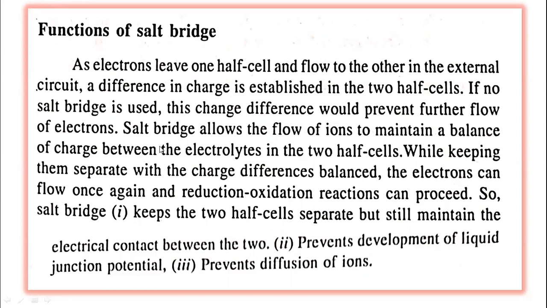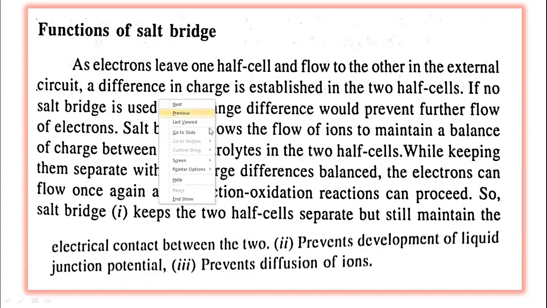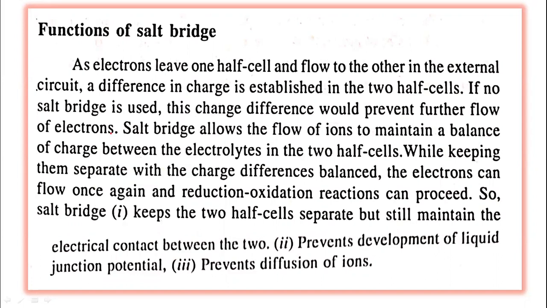If we do not use the salt bridge, then this difference in charge opposes the flow of the electrons. So the salt bridge allows the flow of the ions to maintain a balance of the charge between the electrolytes. This is the very important function of the salt bridge, as it makes the electrical contact between the two electrolytes.